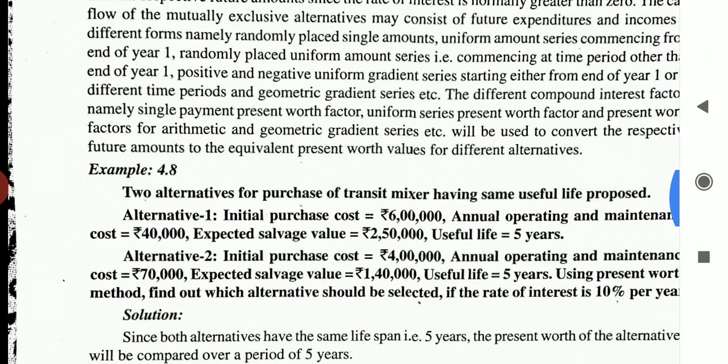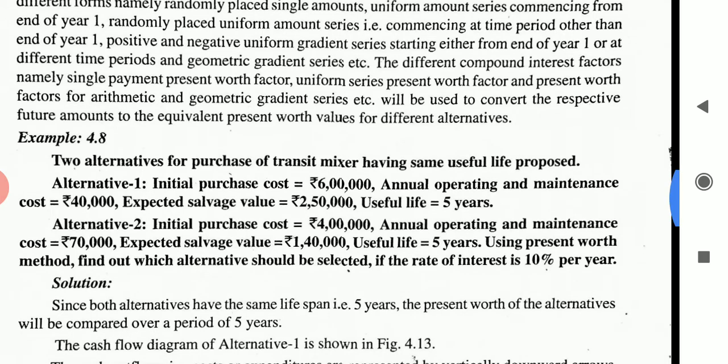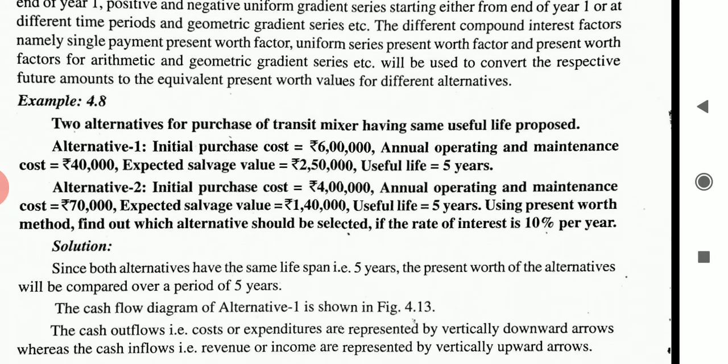See here, the question is like this: two alternatives for purchase of a transit mixer having the same useful life are proposed. Alternative 1 has an initial purchase cost, that is P, and an annual operating and maintenance cost of 40,000.